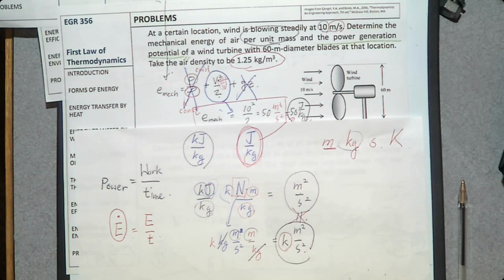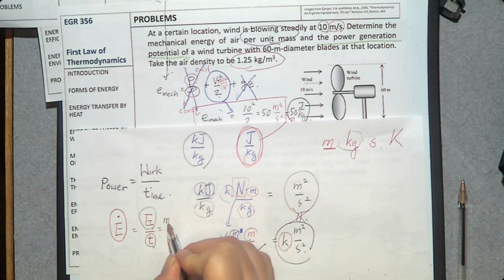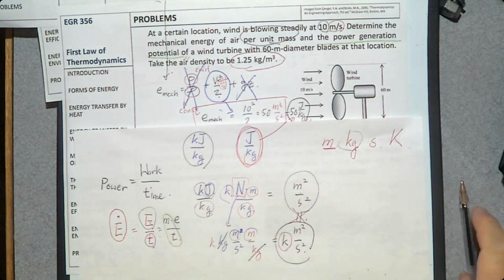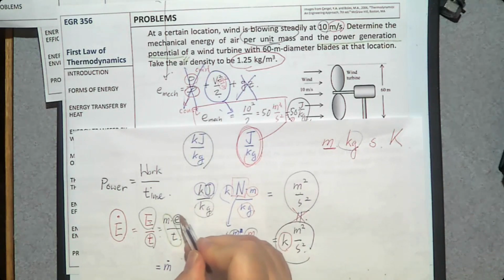So how can we determine this E dot? Energy per time. This energy can be mass times lowercase e, specific energy, per time. Then this is going to be mass over time, mass flow rate, m dot, times specific energy, e.